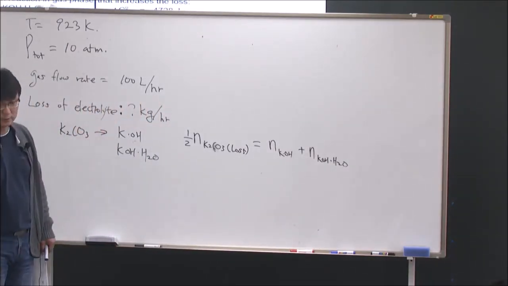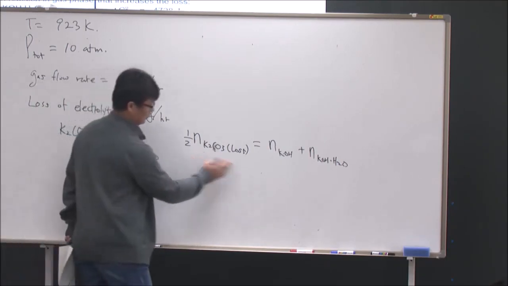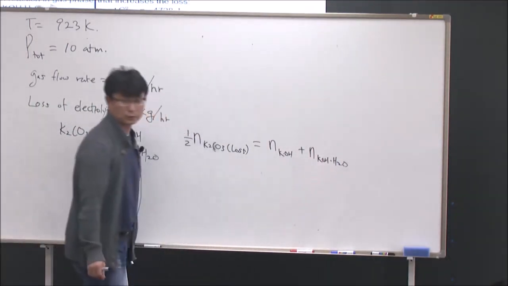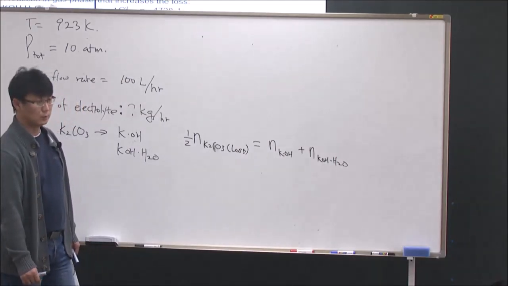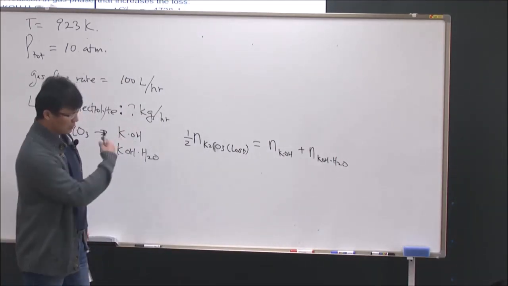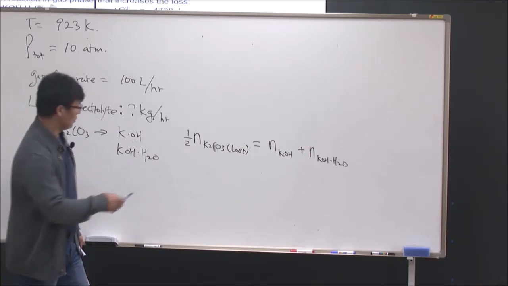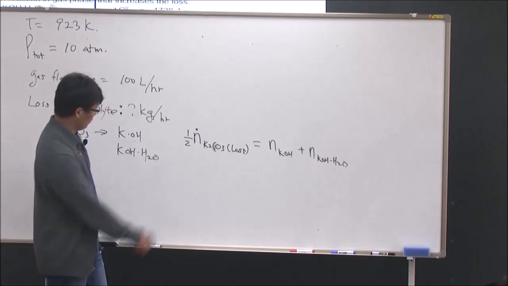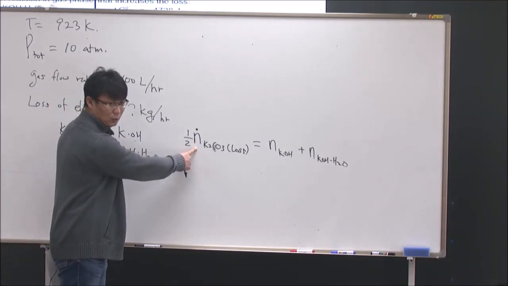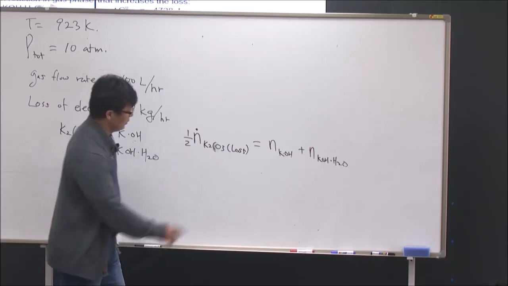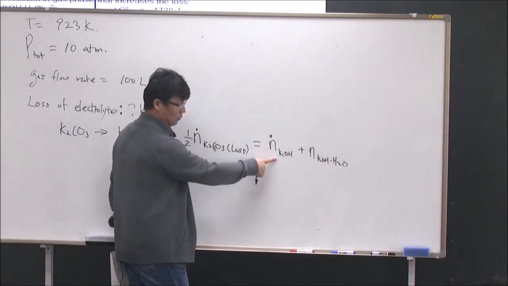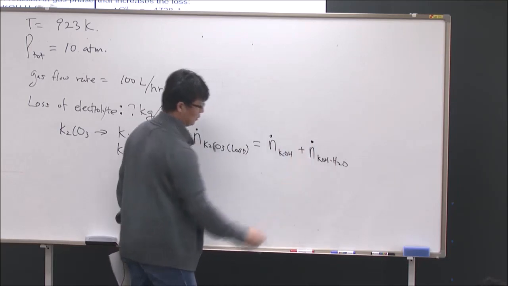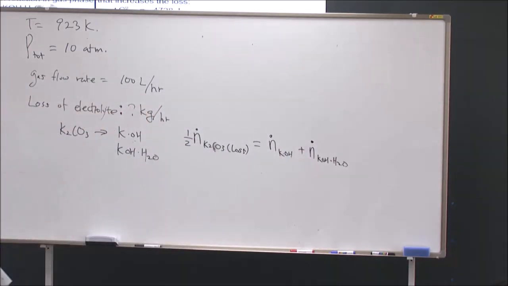In terms of mass balance, the loss of this one is the production of this one plus this one. And because we are talking about per hour, the rate of loss of moles of K2CO3 is the rate of production of KOH, and then the rate of production of KOH H2O gas. Okay? You good?